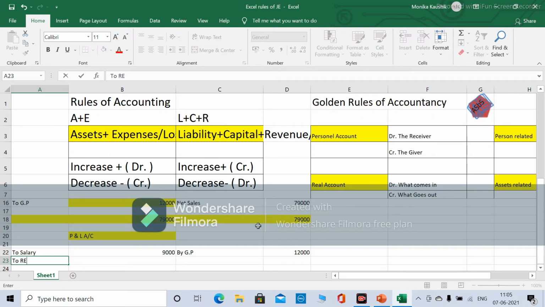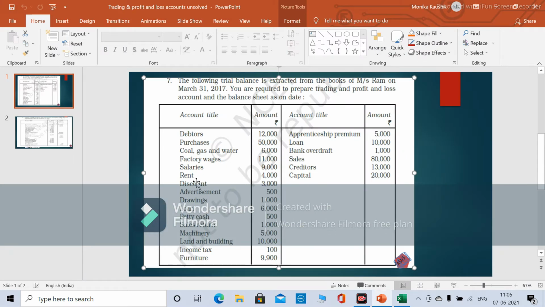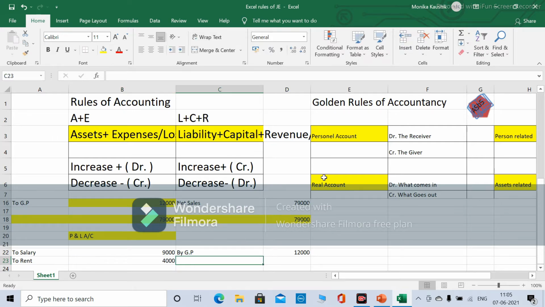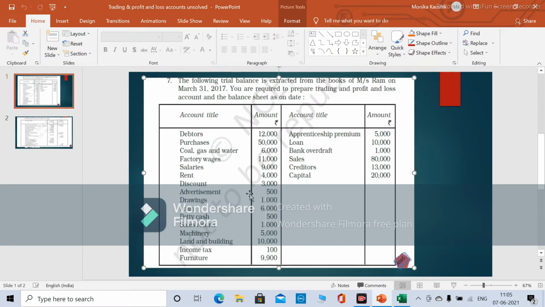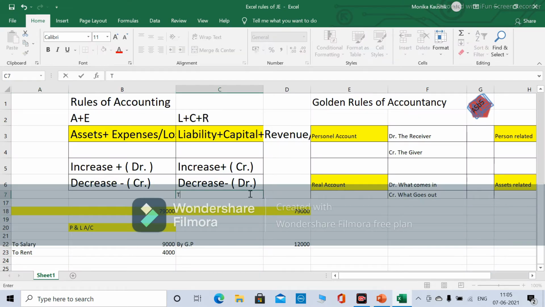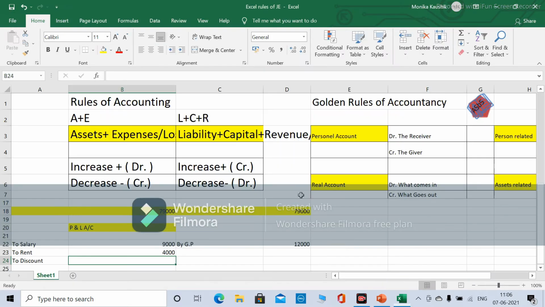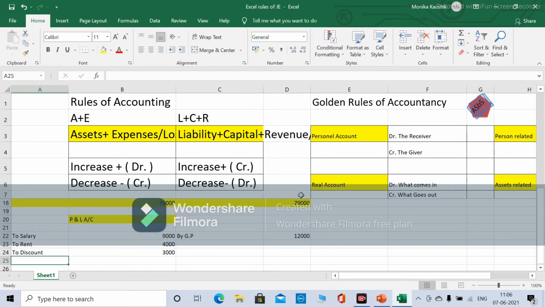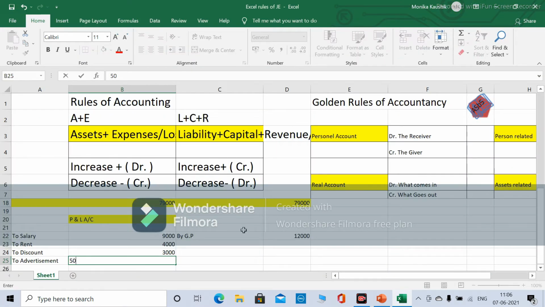To rent, 4,000 rupees. Discount allowed: because this is on the debit side, I am considering it as a loss. Discount is always an indirect expense or indirect income, 3,000 rupees. Advertisement, indirect expense, 500 rupees.